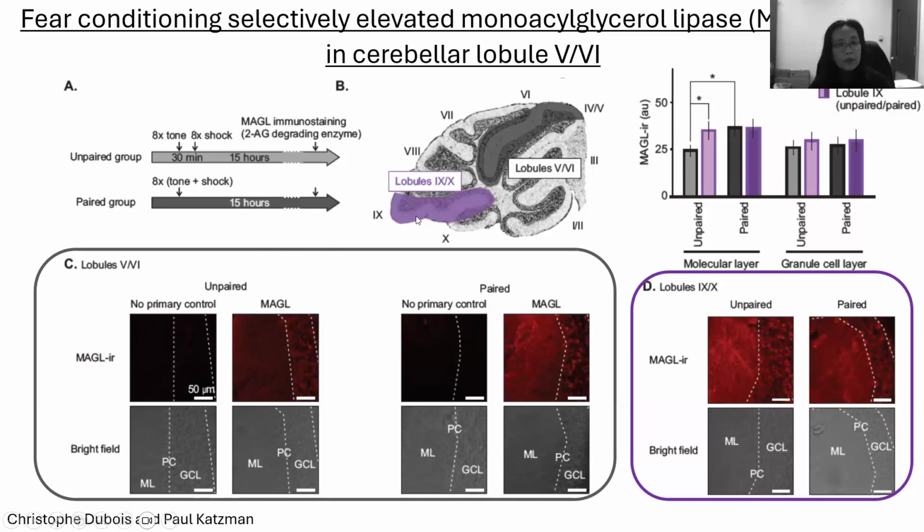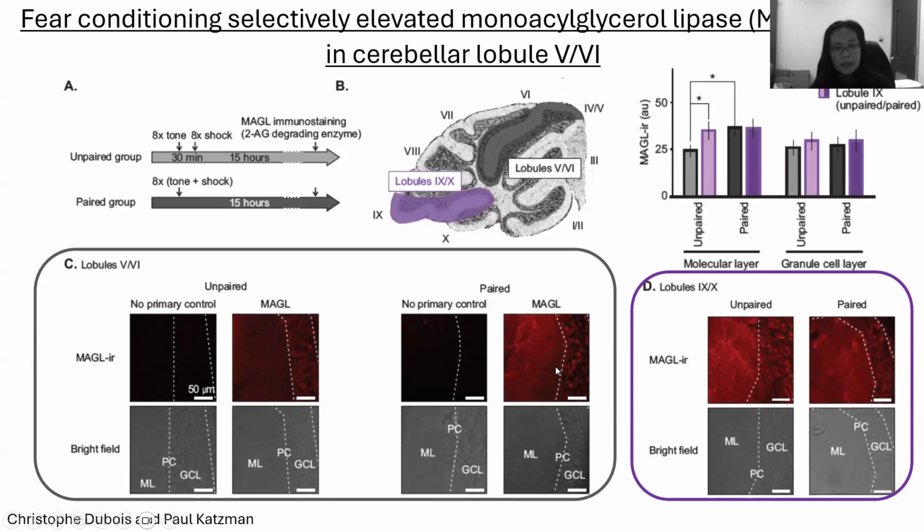If we look at lobules 5 and 6, which are supposed to be involved in fear conditioning, we saw immunostaining in the molecular layer and the granule layer. MAG lipase is known to be expressed in granule cells, therefore you see a little bit of punctate staining here. In the molecular layer, parallel fibers have some immunostaining, and the Bergmann glial cell processes, therefore it's a little bit of diffused staining.